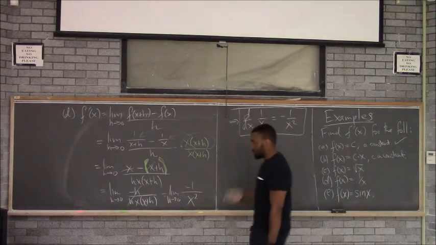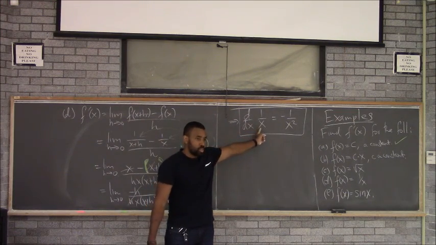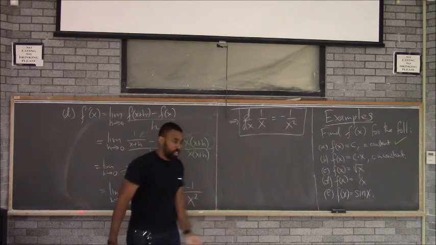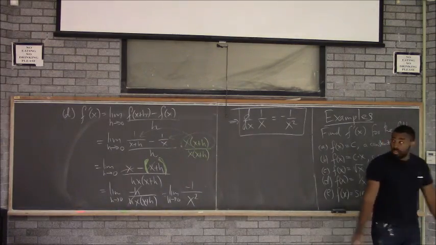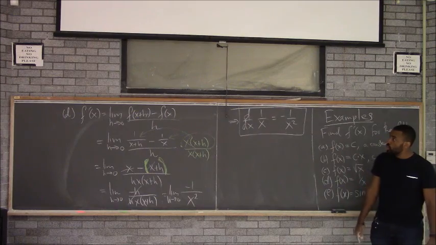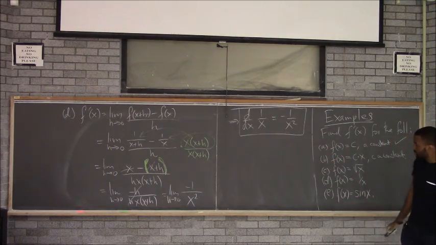Now, of course, x equals 0 is a problem there, but it was even a problem for the original function. This doesn't even exist at 0. So I had no hope of being able to find the derivative at that point anyway. But as long as our x is not 0, this gives us a formula for the slope of that curve at any value x.